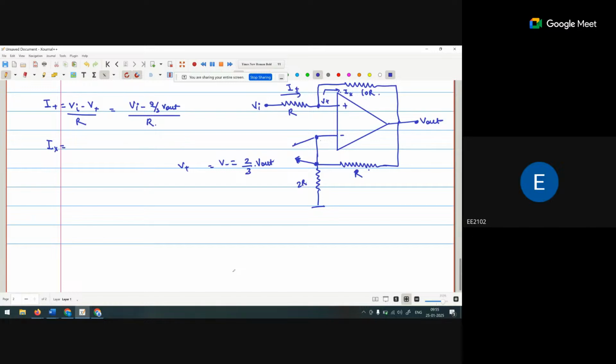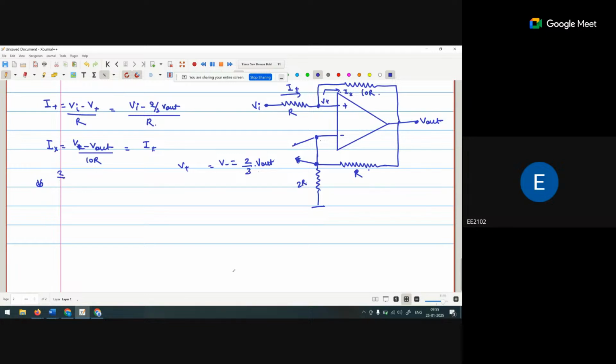So Ix is equal to I plus, which is equal to V positive minus V out by 10R. So V positive is this one.